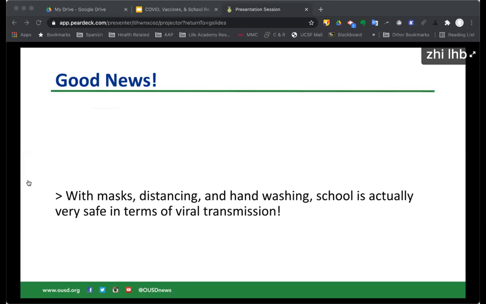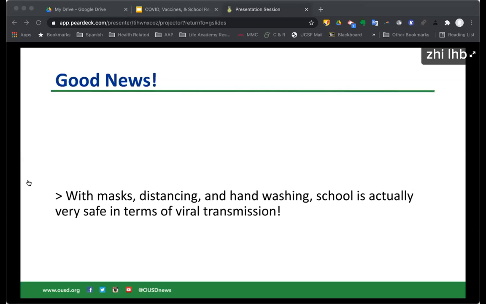So, I've got good news for you. We've now been able to study this for a while, and there's a lot of studies that are looking at school reopening, and the news is really good. What we've learned is that with masks and distancing and hand washing, school is actually really safe in terms of viral transmission.